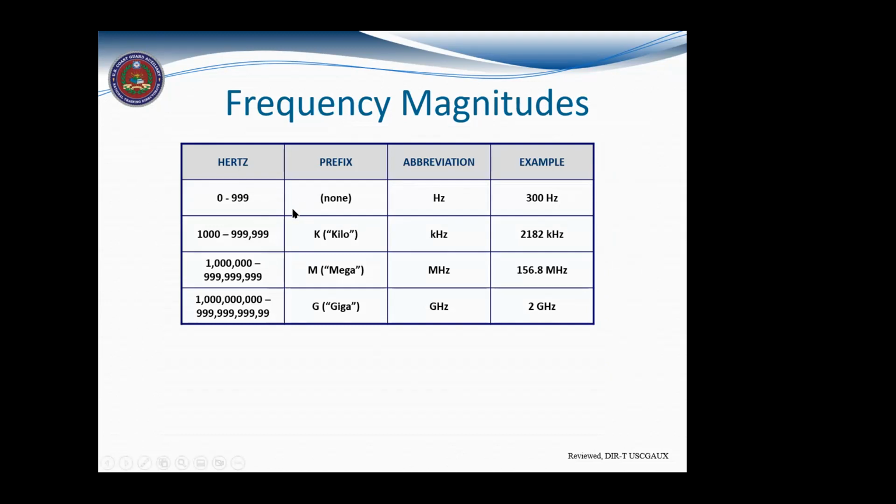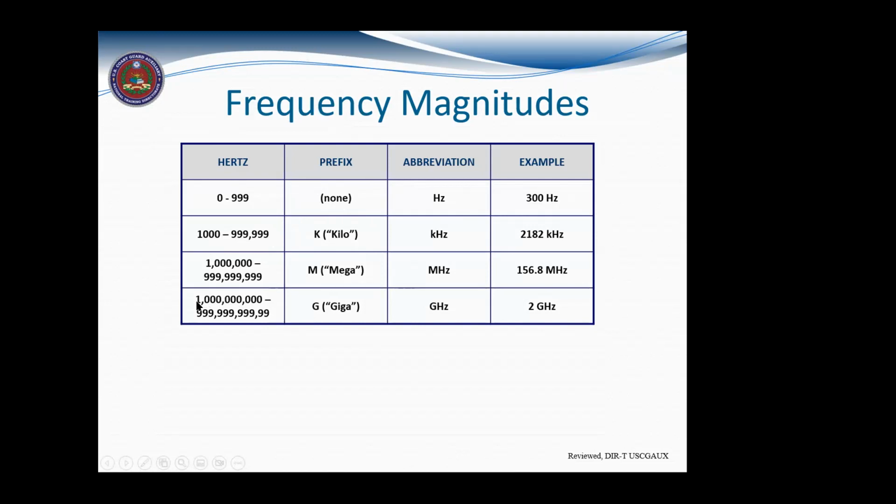To help make the numbers workable, we'll be working with prefixes to the numbers. For the first 1,000, there's no prefix and you just talk in terms of hertz. For 1,000, the prefix will be kilo. For 1,000,000, the prefix is mega.